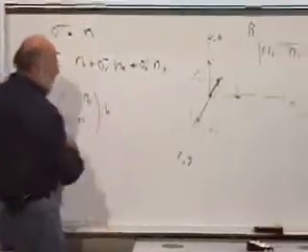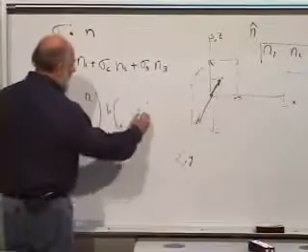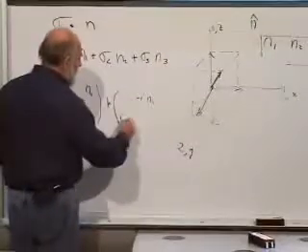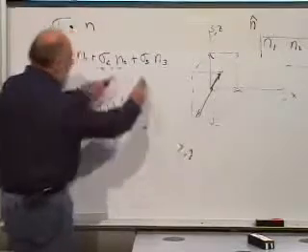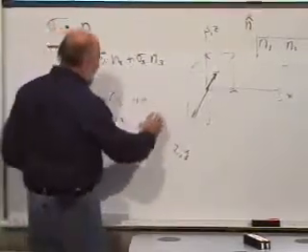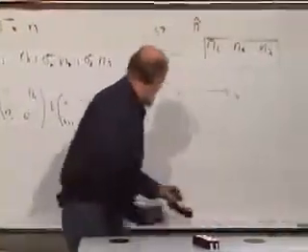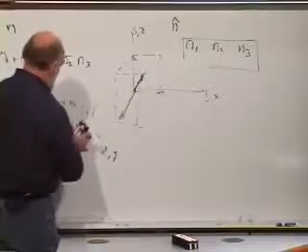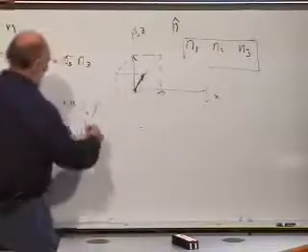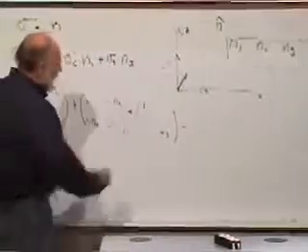What about sigma 2 times n2? Well, sigma 2 is 0, minus i, i, 0, and now we multiply it by n2. Sigma 3 times n3: we take sigma 3, which is 1, minus 1 on the diagonal, and we multiply it by n3.